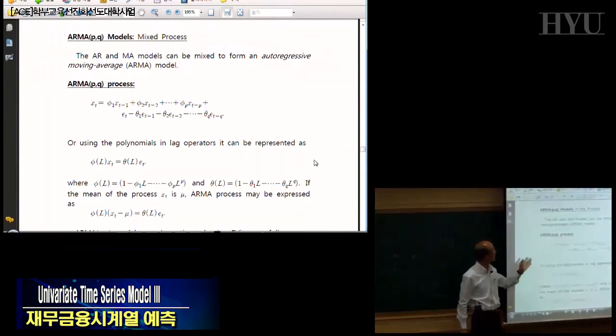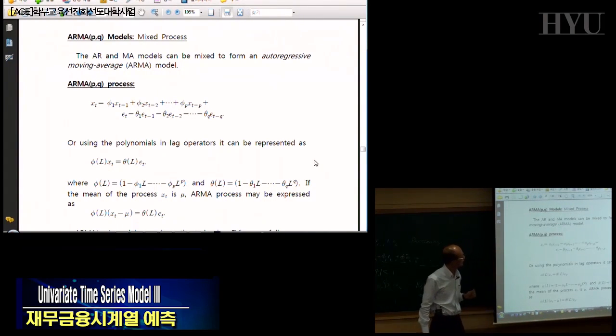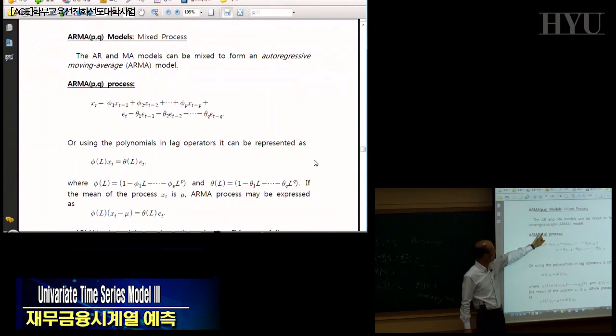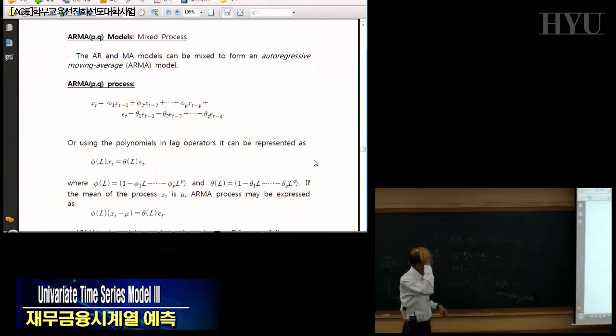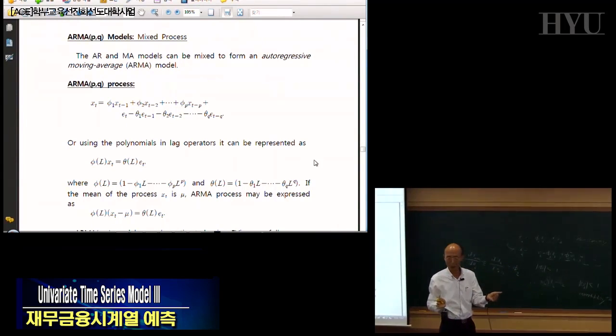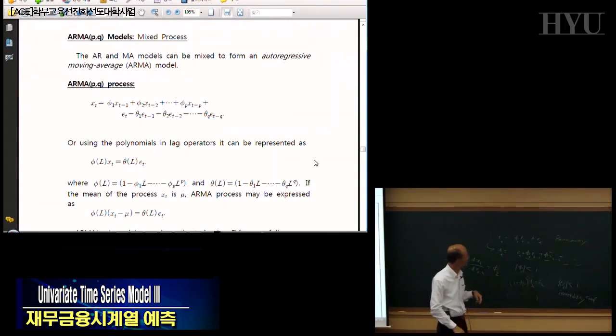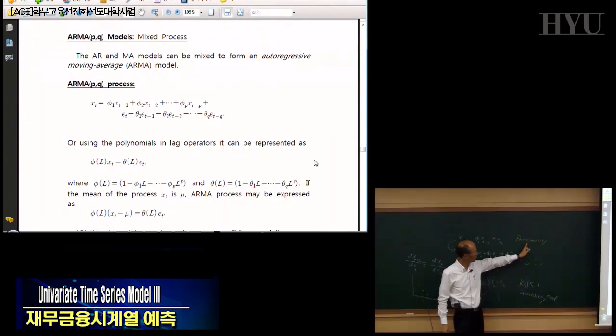There is a thing called mixed process here. Mixed process is the one that has both an autoregressive part and a moving average part. By introducing both the autoregressive part and MA part, you can achieve more conveniently the principle of parsimony.